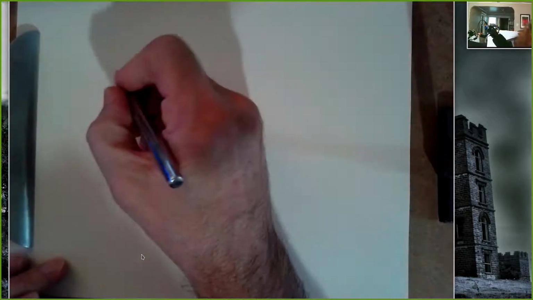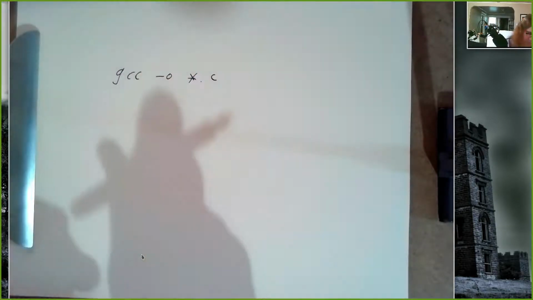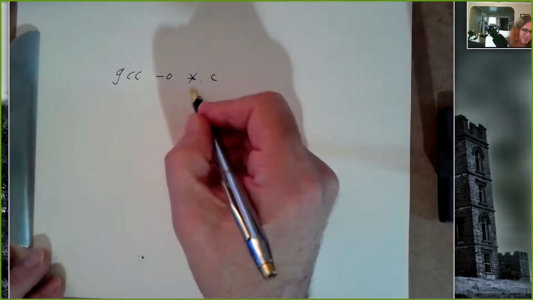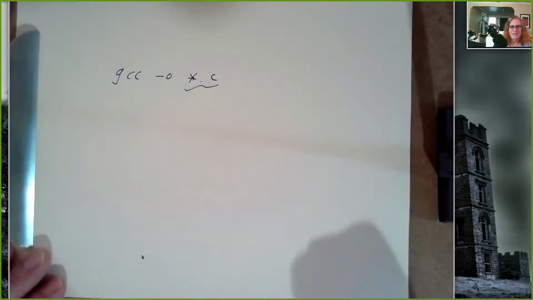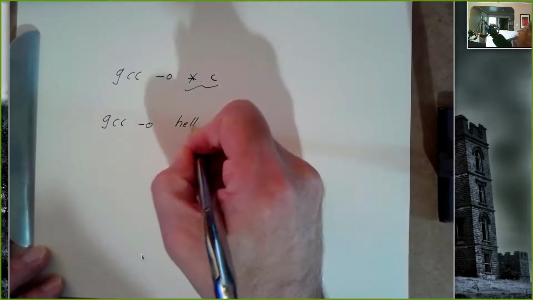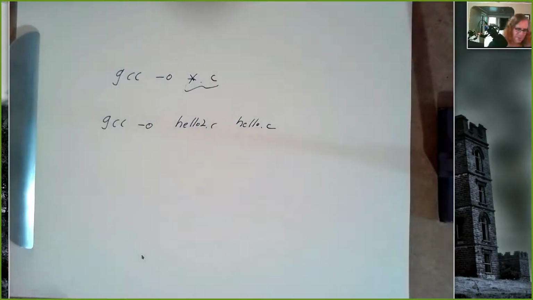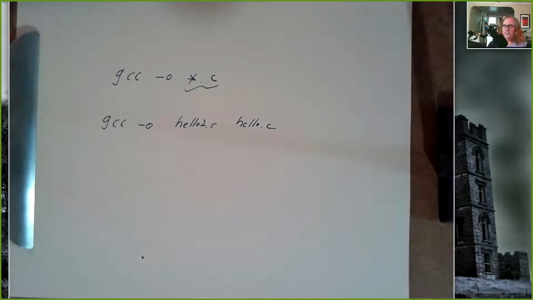So if I do the following, Bash will say, okay, star.c, let's replace this with every file that ends with a .c, and it came up with the following. And that's the command that it thought I wanted executed.